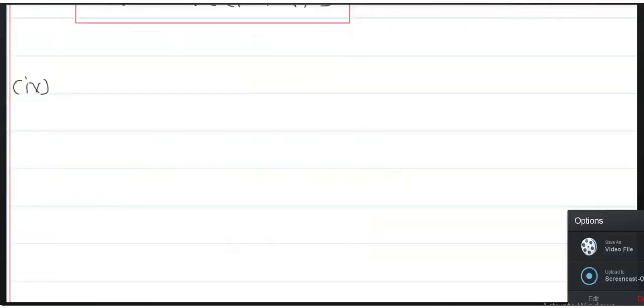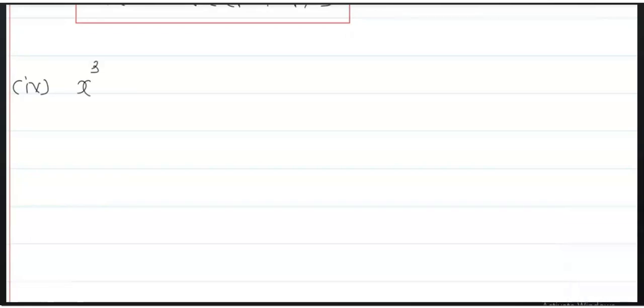Now the next is number 4, x cube plus x square y plus xy square plus y cube is equals to 81.